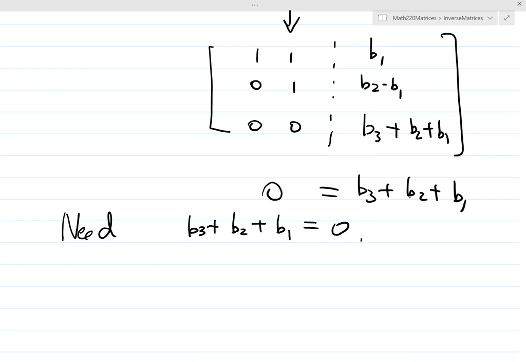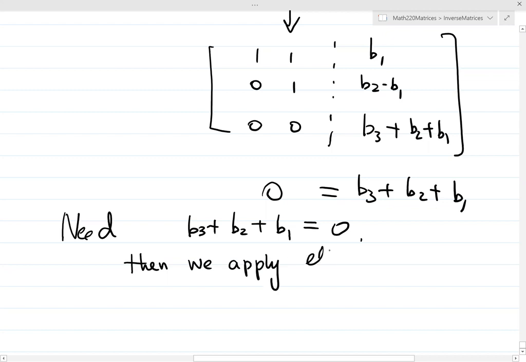So we can actually find a solution. There's no contradiction anymore. Then we apply elimination to find a solution.